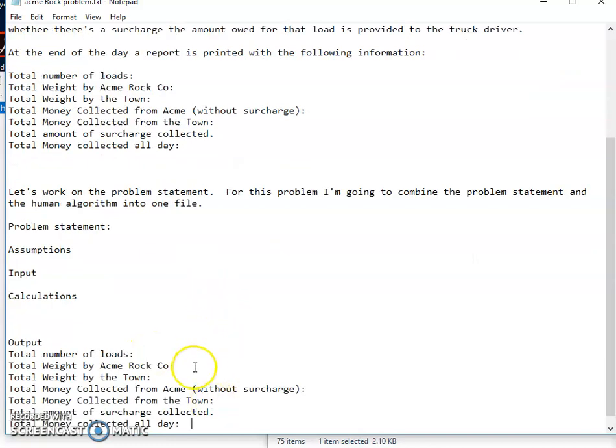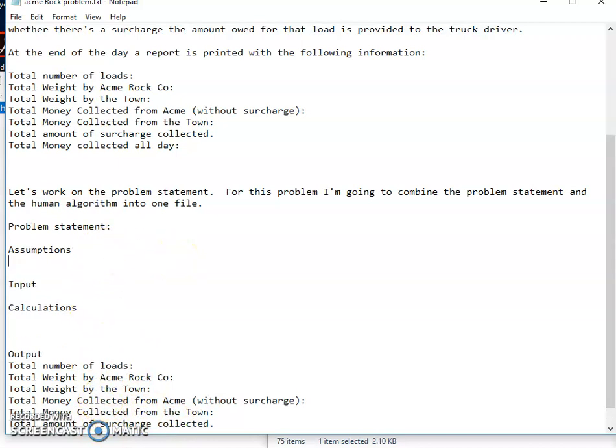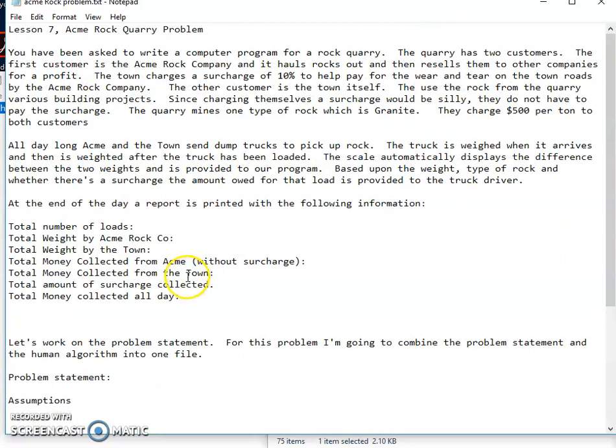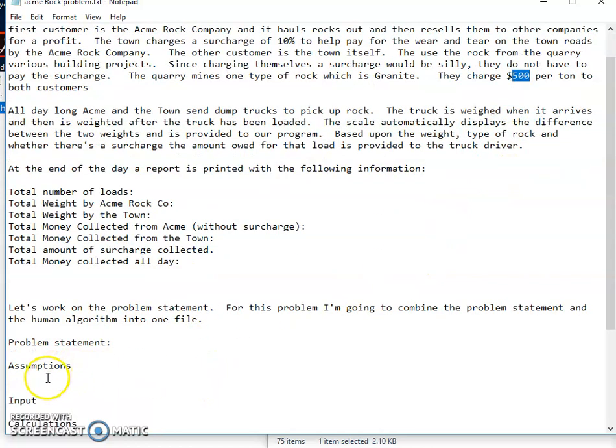Alright, so we know we wanted that out. The next thing we want to do before we mess with this at all is to figure out what our constants are. And we can see that we have a 10% surcharge, and we charge them $500 per ton. Those are our two numbers that we need to put into our assumptions.